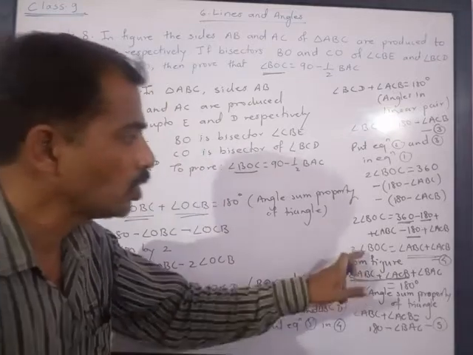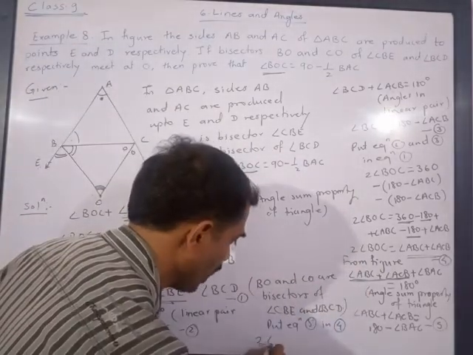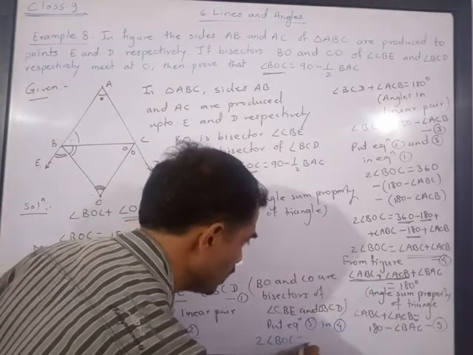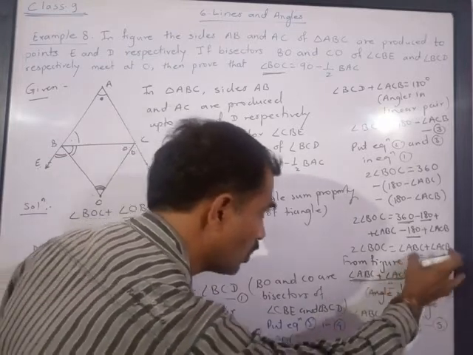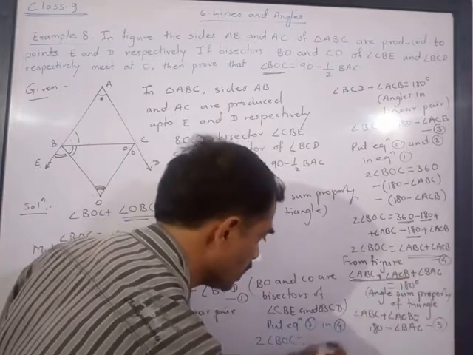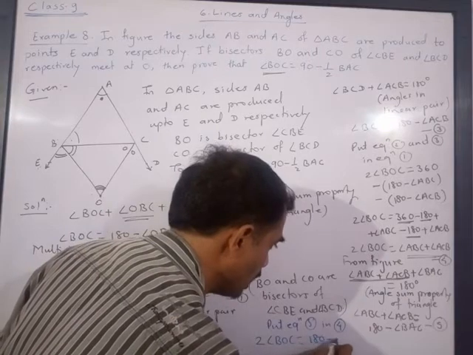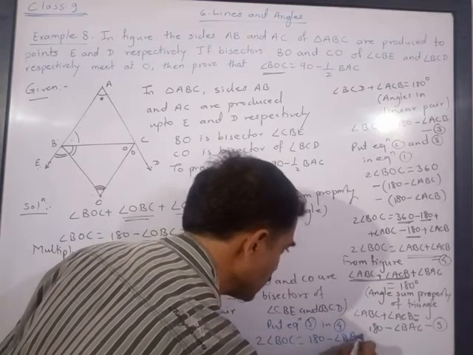So we will get twice angle BOC is equal to 180 minus angle BAC.